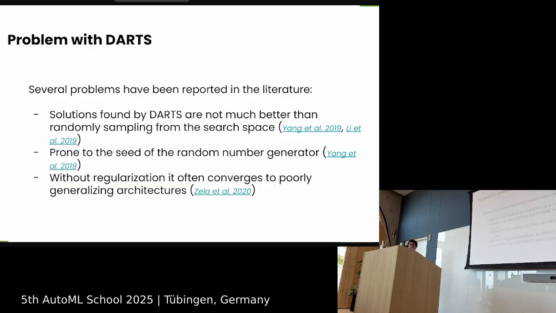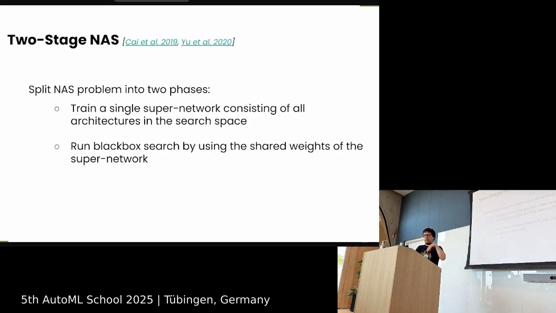That's for me also the motivation for the next approach, two-stage NAS. And I think that's where NAS can be interesting as a type of pruning approach. You take your network, you see it as a super network, and then you want to find a sub-network in that super network.